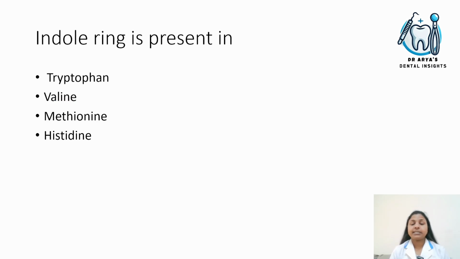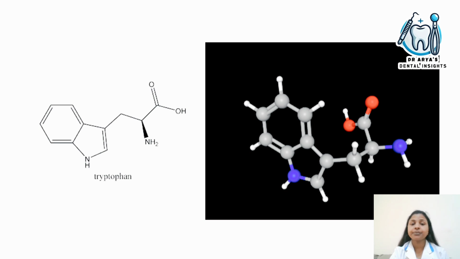Indole ring is present in which of the following amino acids? A. Tryptophan, B. Valine, C. Methionine, and D. Histidine. So this is the indole ring, and this is present in tryptophan. Okay.